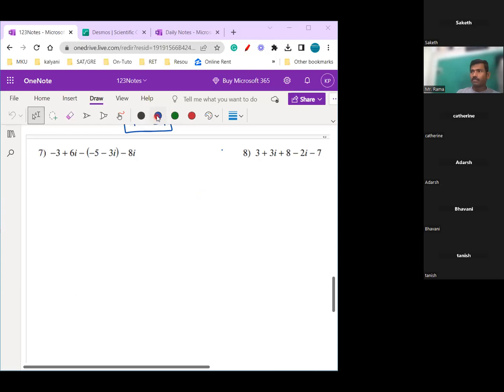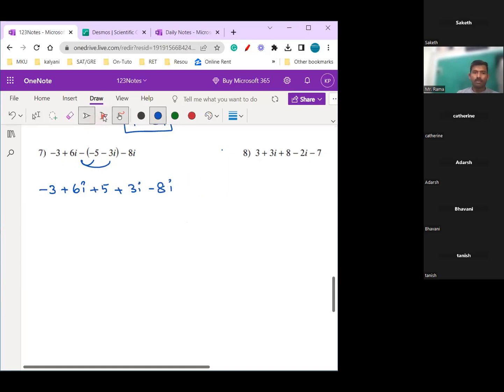So the number 7. All right, Sakit, I don't see your answer. Please put it on there. Okay, so obviously we can see very carefully there's a negative distribution, no parentheses there. So you're going to multiply these two. So you can get negative 3 plus 6i, and then plus 5 plus 3i minus 8i.